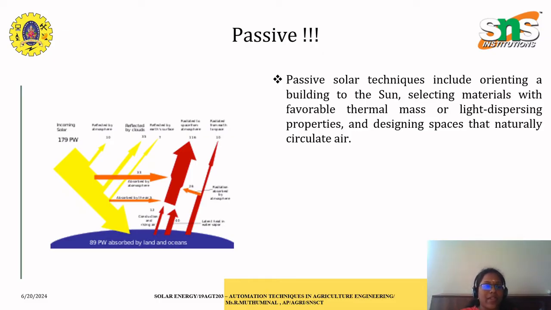Certain parts will get reflected and certain parts will get absorbed by the land and ocean, and some will get reflected by the clouds itself. The remaining favorable thermal mass will absorb the energy that has fallen upon it, and this will have a design space that naturally circulates the air and converts it into solar energy.